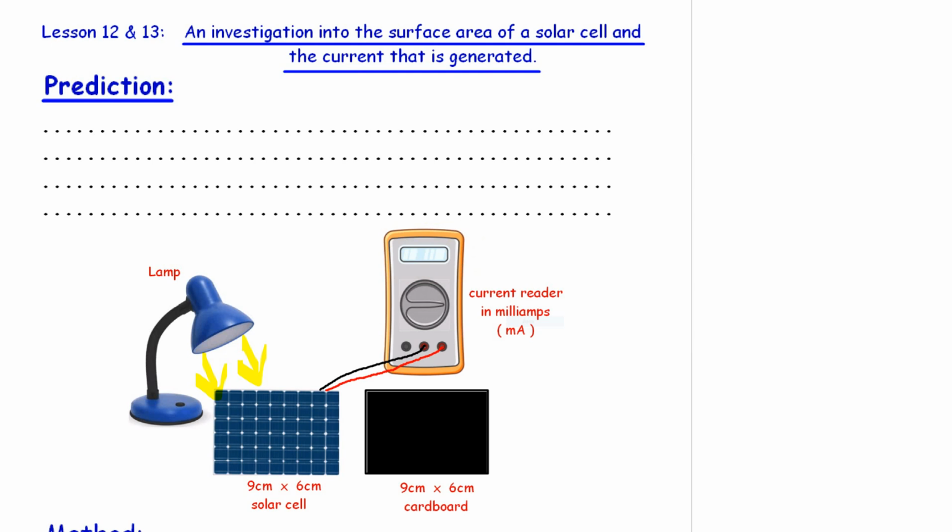However, what we are going to do is move this piece of cardboard here over the solar cell. So there's less and less of the solar cell available to convert light from the lamp into electricity.